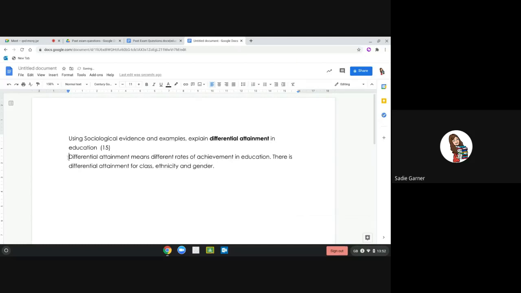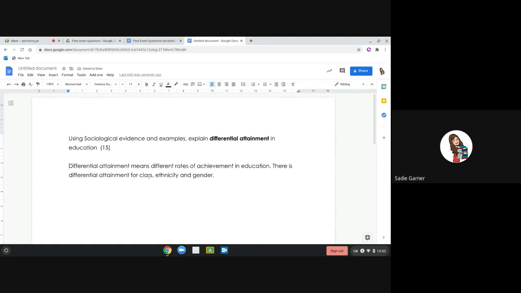I would be clear that differential attainment means just different rates of achievement. And there are differential attainments for class, ethnicity, and gender. Haven't done gender yet, but we have done class and we have done ethnicity. I personally don't like to mix grids.